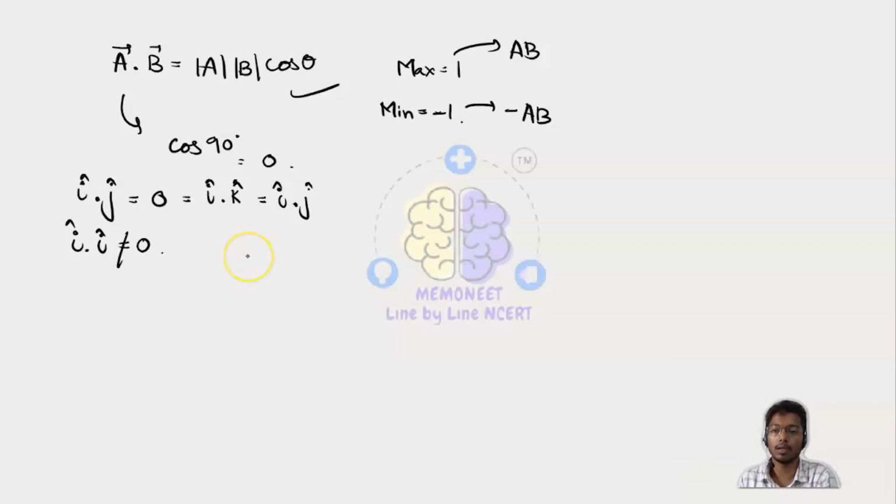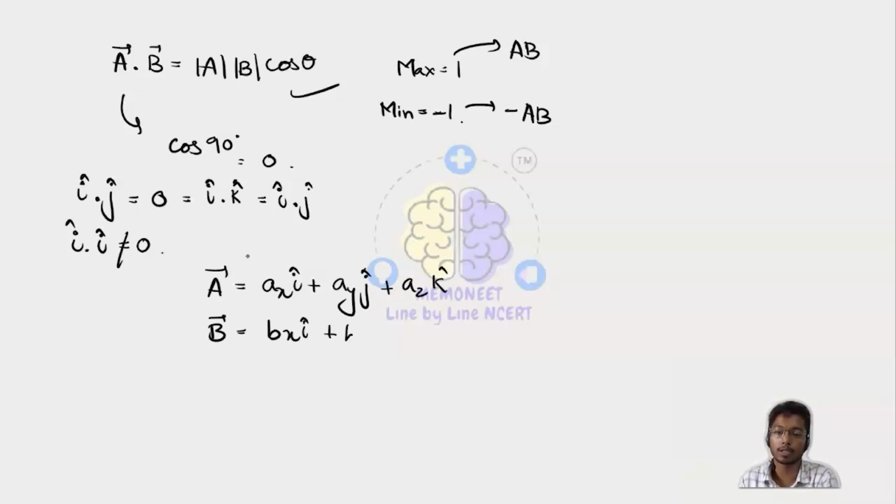We have a vector, that is ax i cap plus ay j cap plus az k cap, and b vector as bx i cap plus by j cap plus bz k cap.